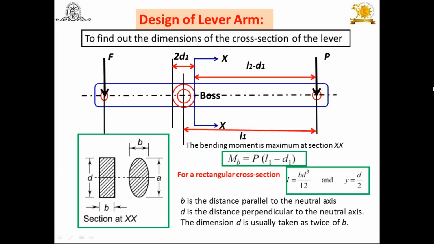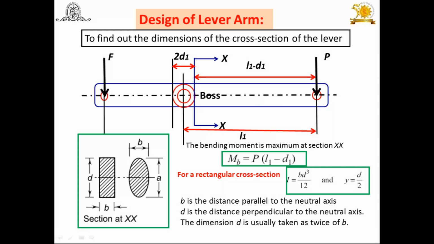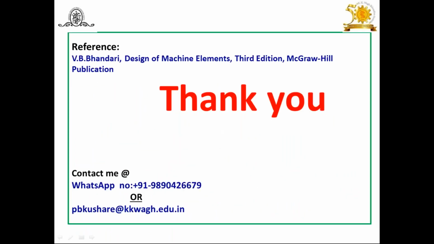Look at this: this is the bush, this is the pin, and between the pin and the bush a phosphor bronze bush of 3 mm thickness is used. But because of the effort, this lever is going to rotate or move at the fulcrum pin, and because of that it has a moment here.